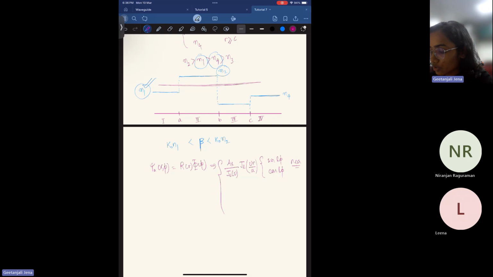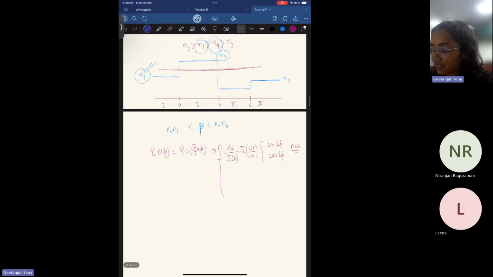Outside the core, we have A_l over K_l(W) times K_l(W r by a) times sin l phi or cos l phi, for r greater than or equal to a.